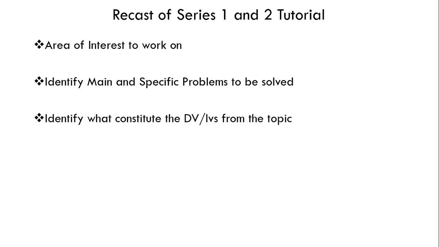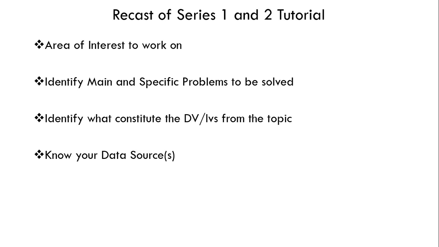Also recall that we said that in formulating your research topic, you need to bear in mind that the topic should possess two basic items, which are the dependent variable and the independent variable.